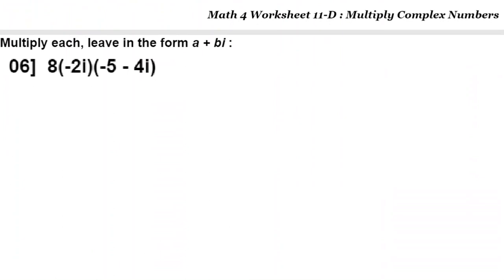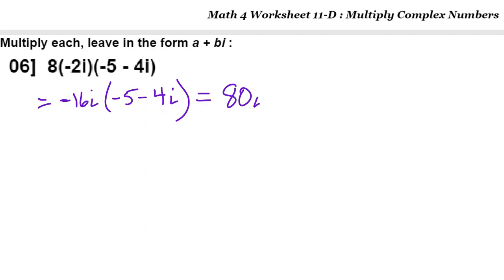This one will involve somewhat the same. If I put those two together, I get a negative 16i times negative 5 minus 4i. And when I distribute that, that times that gives me a positive 80i. That times that gives me a positive 64i squared, which equals that.